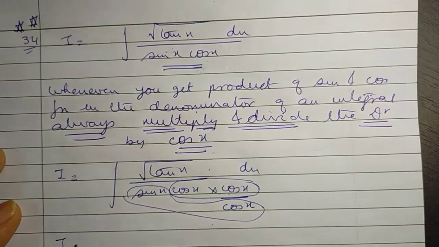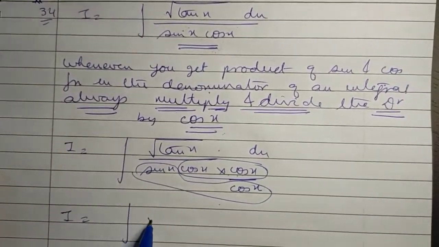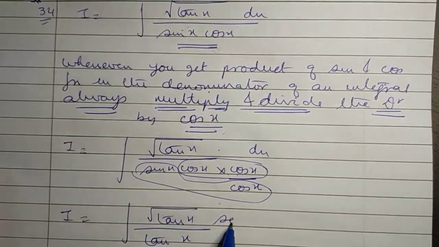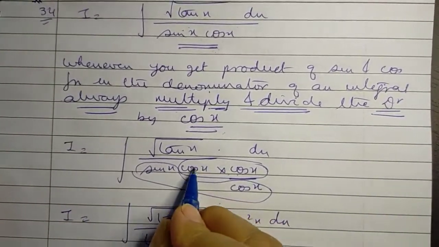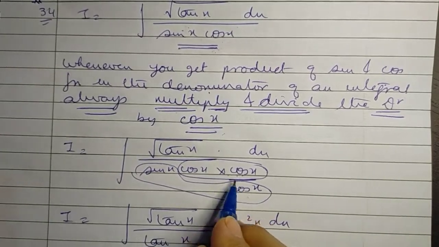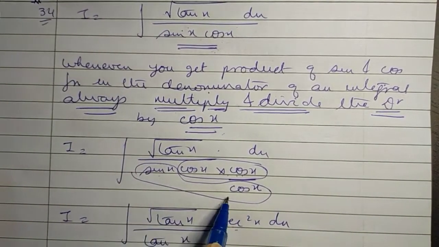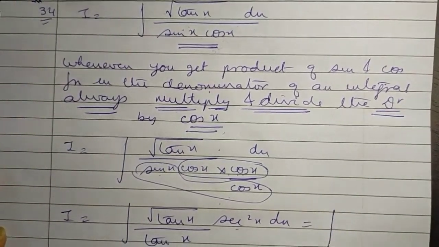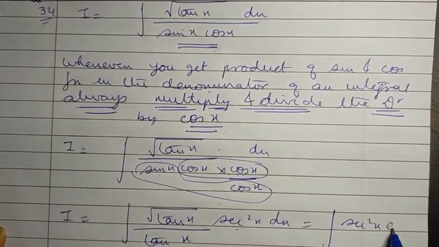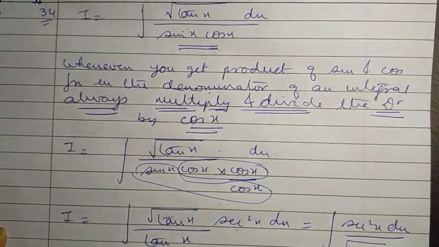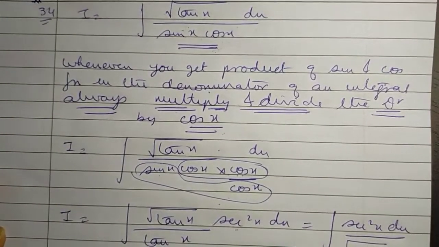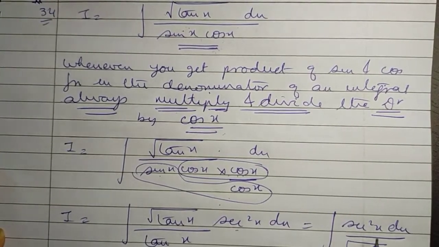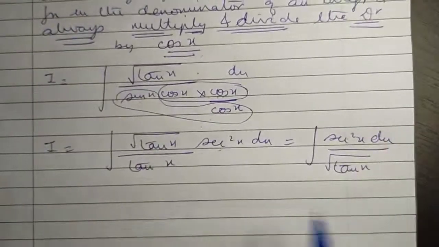So I is equal to root tan x over tan x into sec squared x dx. 1 upon cos squared x becomes sec squared x, and sin x upon cos x becomes tan x. This can be easily solved. This is sec squared x dx upon root of tan x. Obviously we know that the derivative of tan x is sec squared x, which can be easily solved.